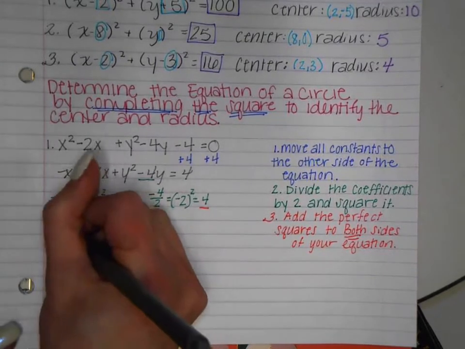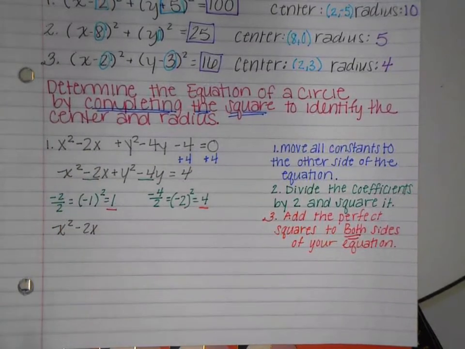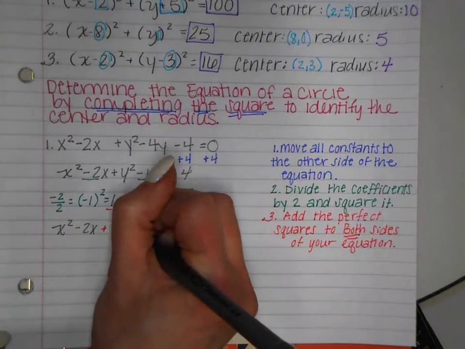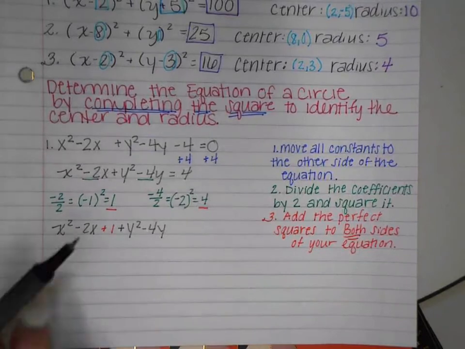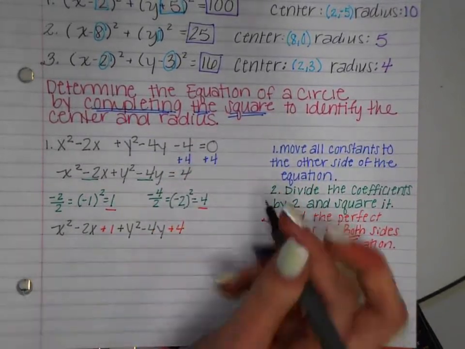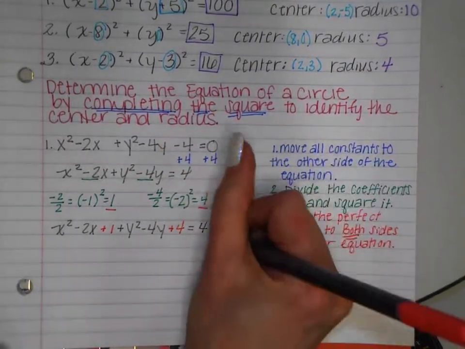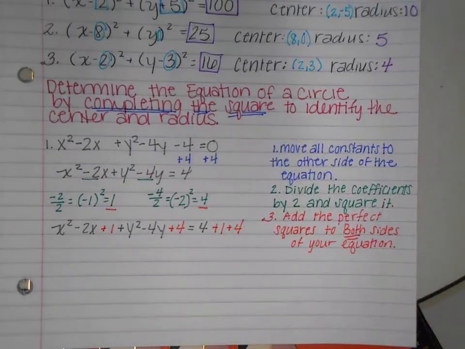So we have x squared minus 2x plus y squared minus 4y plus 4 equals 4, and don't forget you have to add 1, add 4. So since we added it to our left side, we have to add it to our right side to keep our equation balanced.